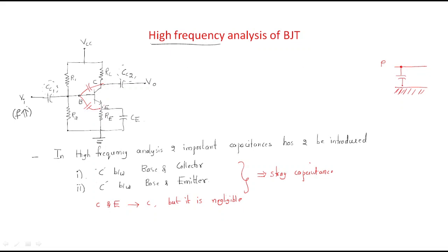Here also, the collector is at a particular voltage and the base is at a particular voltage, therefore a capacitance will be formed. Likewise the base and emitter are at particular voltages, so a stray capacitance is formed. But between collector and emitter there is some distance, so it is negligible.